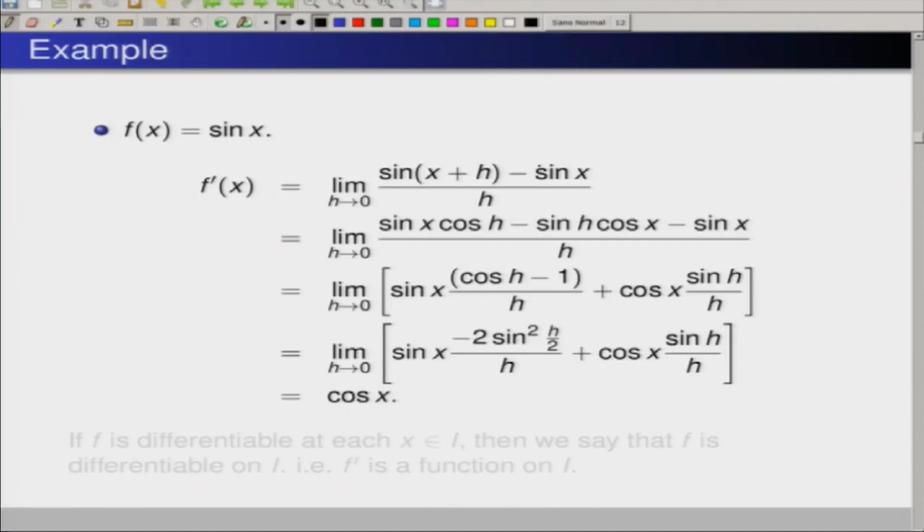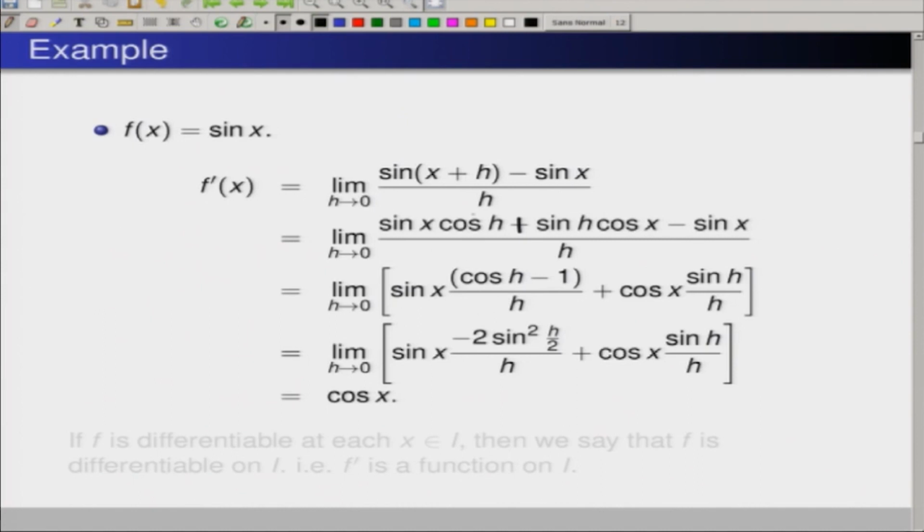Now, we have the formula for sin of a plus b. If I apply that, then this is going to be sin x into cos h plus sin h into cos x minus sin x, divided by h.